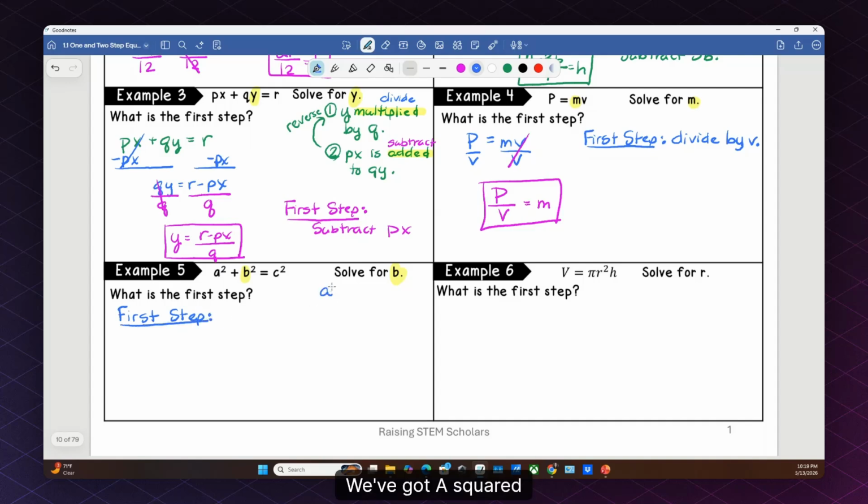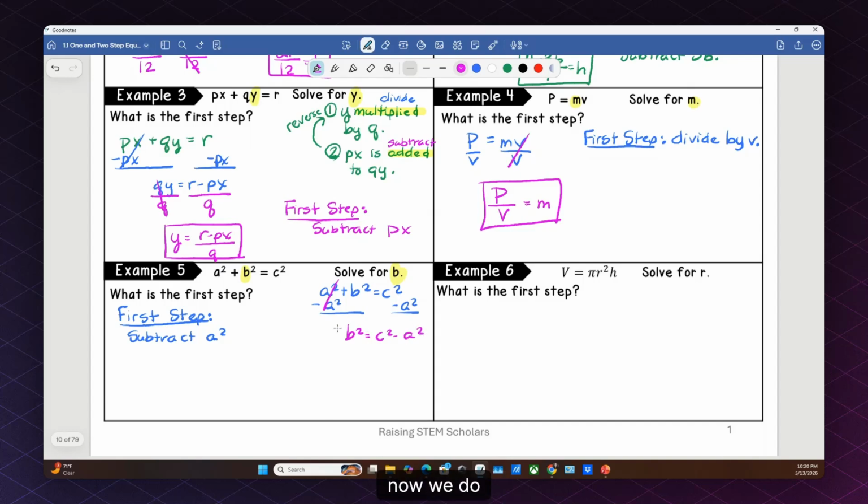If we've got a squared plus b squared equals c squared, our first step to get that b more isolated is we're going to subtract a squared. Okay, so we can subtract a squared, and we get b squared equals c squared minus a squared.